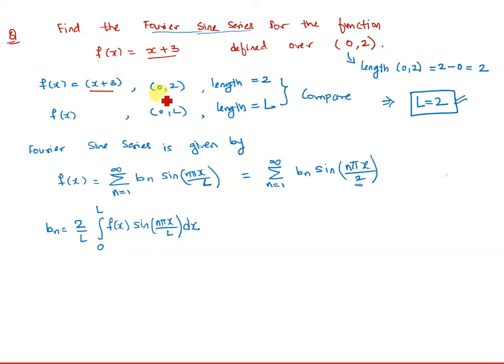This is the interval and we have L. So let's write it. 2 over L is 2, integral 0 to 2, in place of f(x) we have x plus 3, x plus 3 sine n pi x divided by L. What is L? L is here 2. dx.